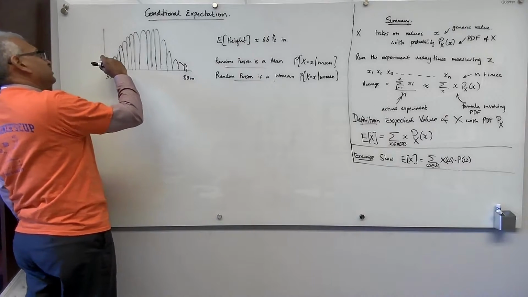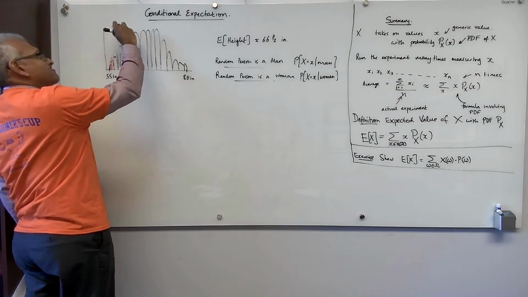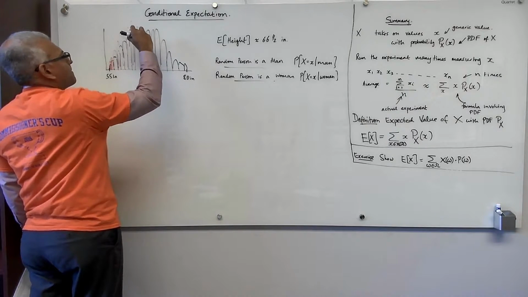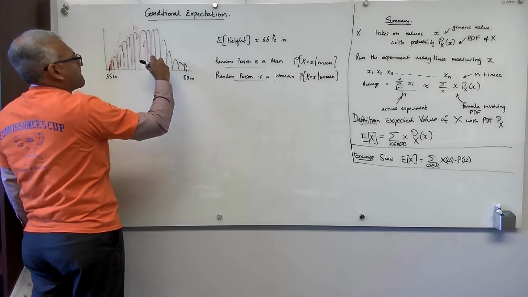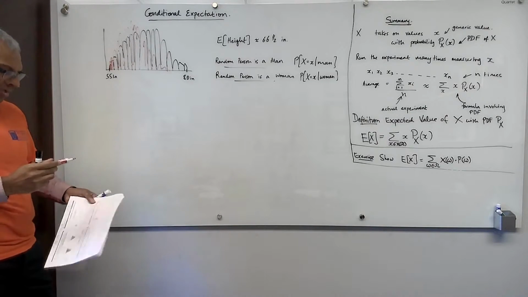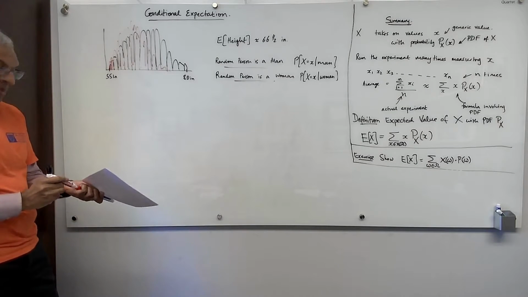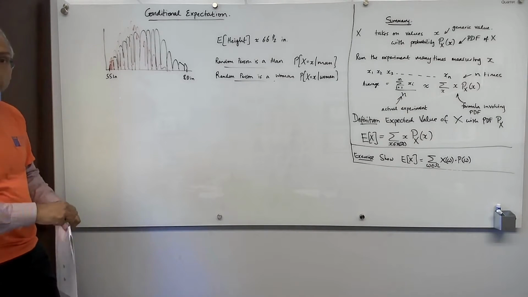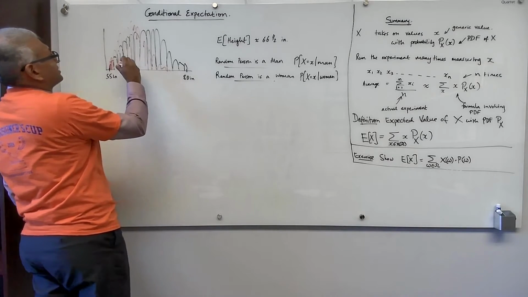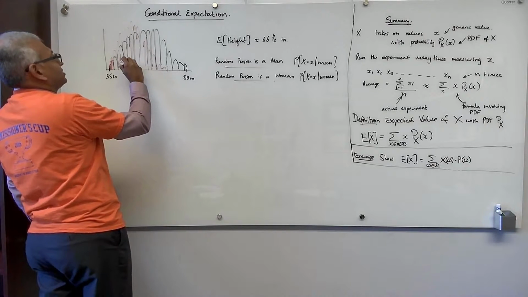So the PDF for women looks something like this. It's bell-shaped, this red distribution that I've drawn. And the PDF for men's heights is similar, but slightly shifted to the right.